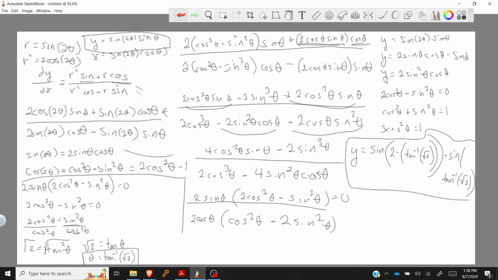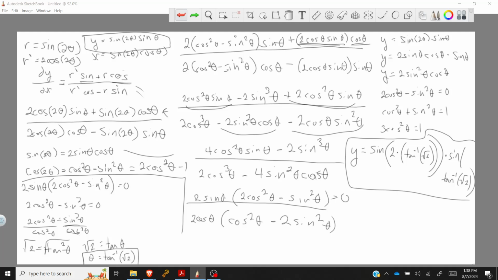As a quick review, when finding the highest y value, we want to take the derivative. We want to find dy/dx to get the slope, because the highest y value is associated with a horizontal tangent line. So to find the horizontal tangent line, you're going to set dy equal to 0, because we want the slope to equal 0. A horizontal line will have a slope of 0.